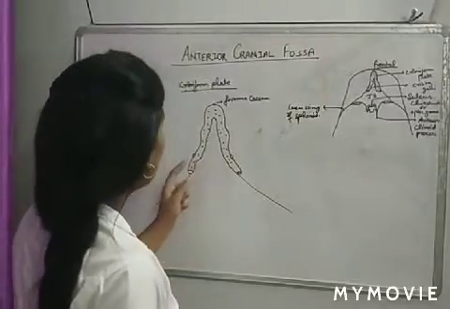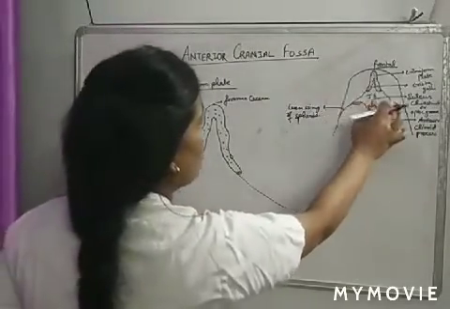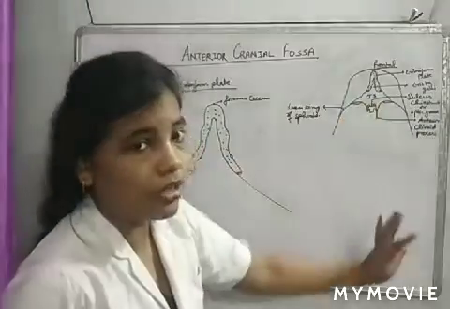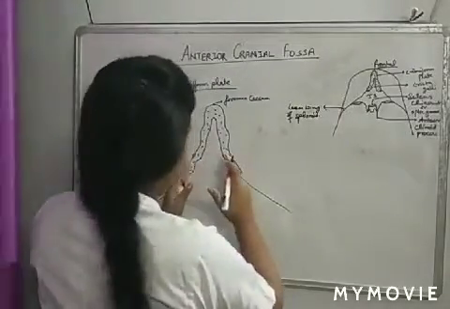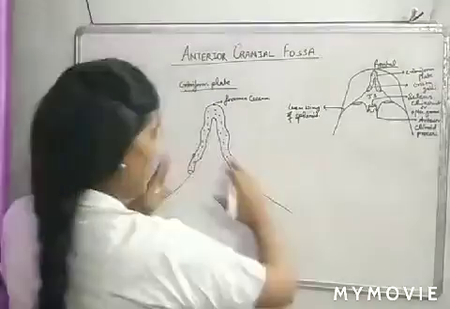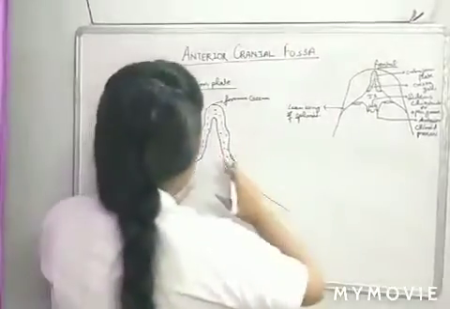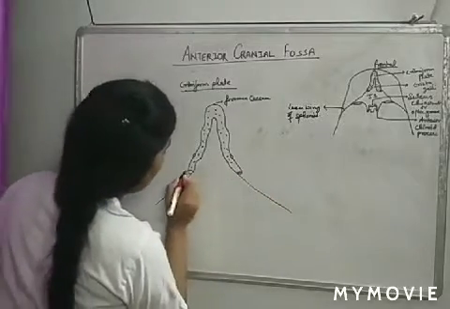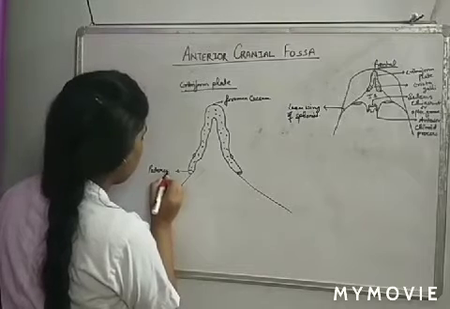The posterior margin of the cribriform plate articulates with the jugum sphenoidale, that is the anterior part of the body of the sphenoid. Posterolaterally, there is a canal opening called the posterior ethmoidal canal.